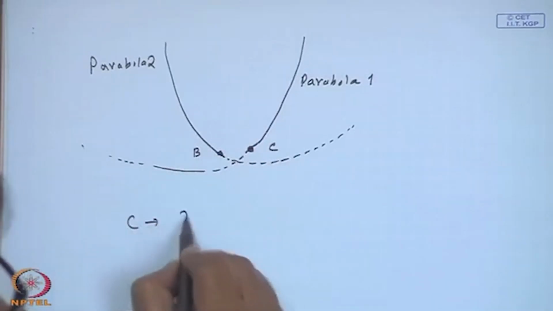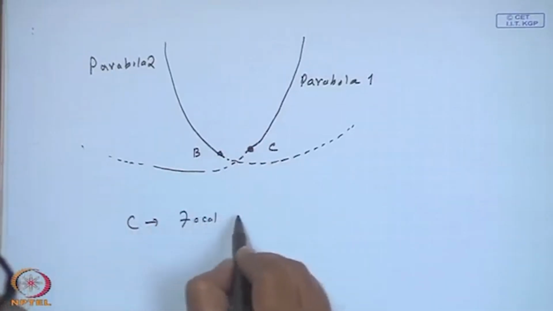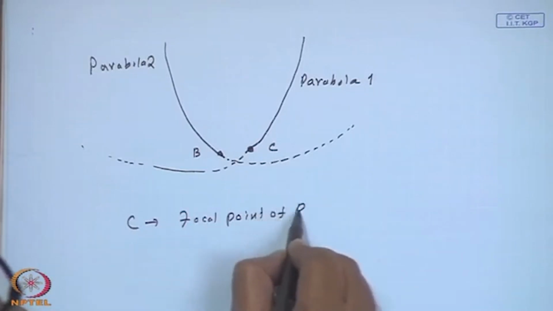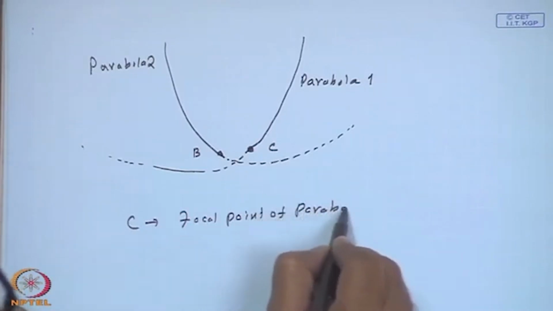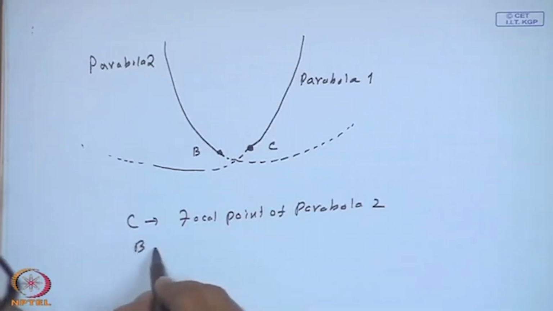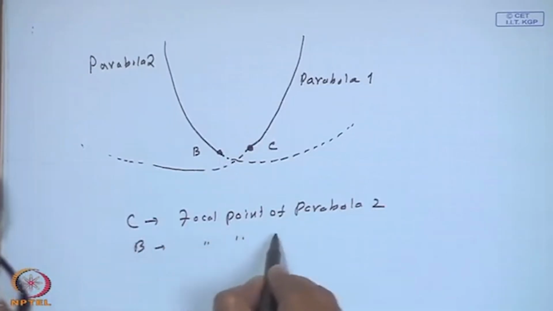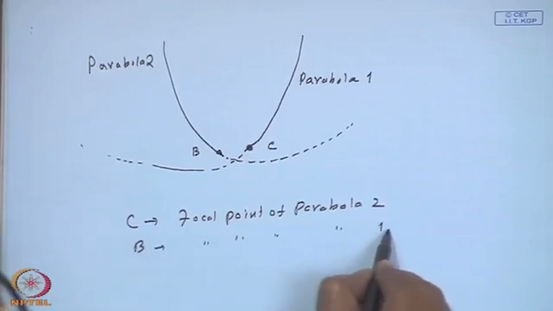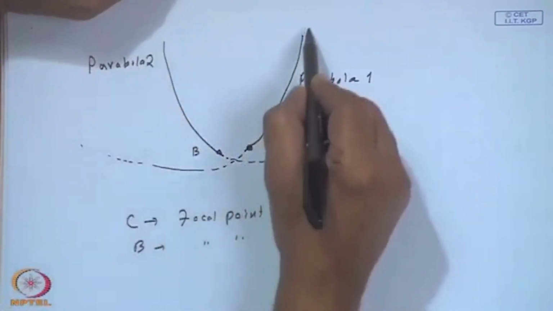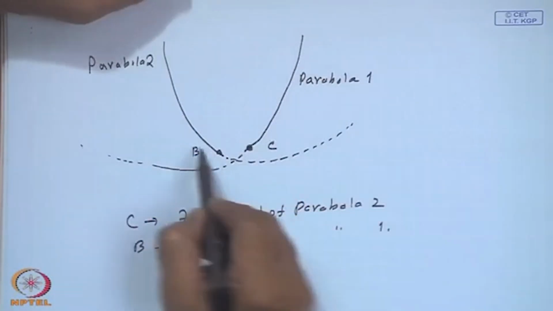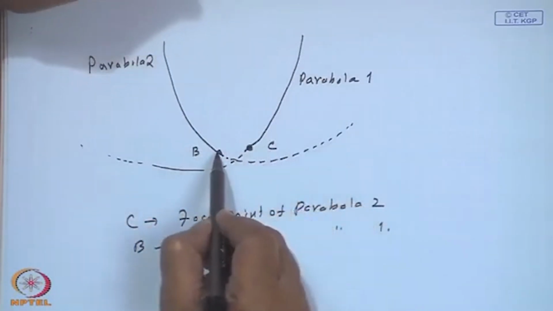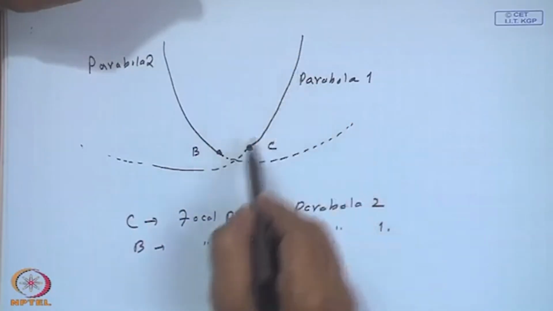C is the focal point of parabola 2 and B is the focal point of parabola 1. So, you have got a point on parabola 1 which happens to be the focal point of parabola 2 and the point B is the focal point of parabola 1.